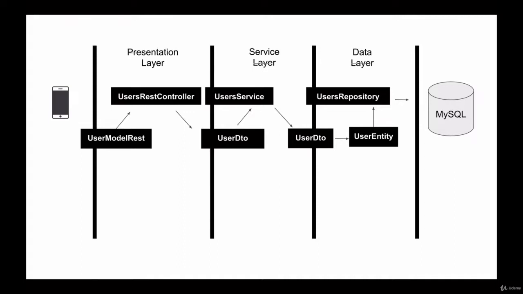And the last layer is the data layer, which is responsible for communicating with the database, for example. So the data layer should not be accepting HTTP requests, and the data layer should not be sending back HTTP responses, and we should not perform any complex application business logic inside of the data layer.